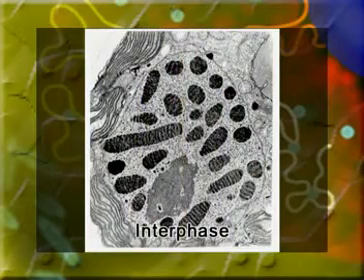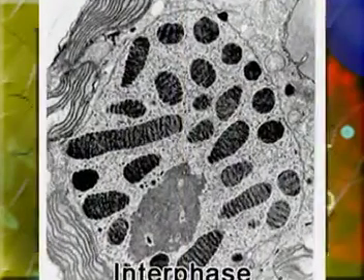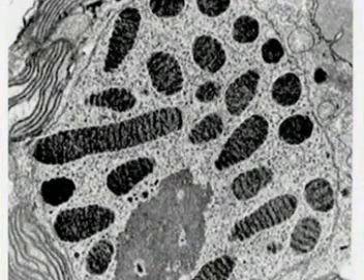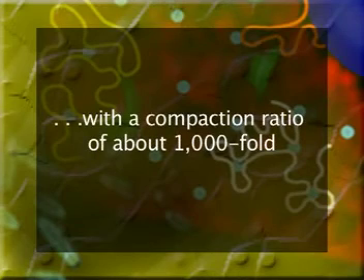The DNA of interphase chromosomes, although less condensed than that of mitotic chromosomes, is packed tightly with a compaction ratio of about 1,000-fold.